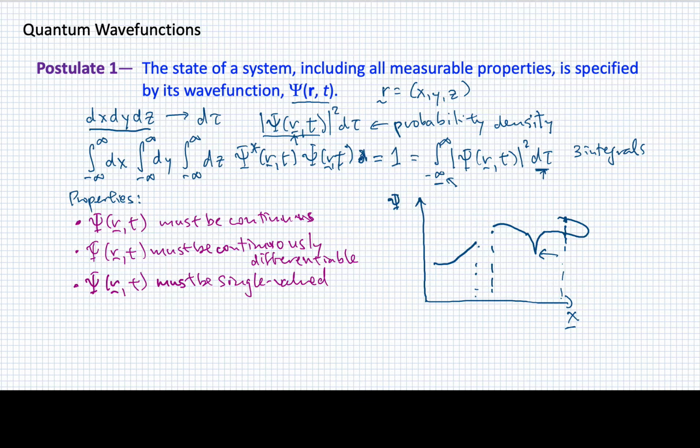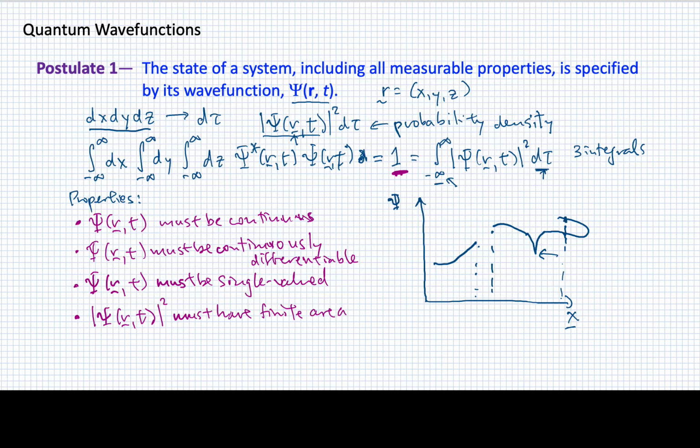And then finally, and this really has much to do with the fact that we're interpreting this as a probability density, is that the area of this quantity, okay, when I take the square magnitude of this wave function, it must be finite. So I'll say must have a finite area. Now you might say, well, if it's adding up to 1, wouldn't the area have to be 1? Well, yes, it does.